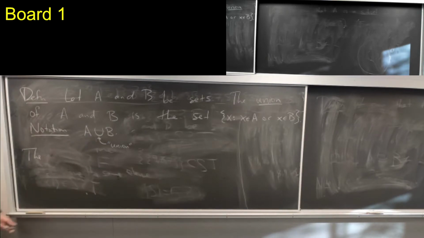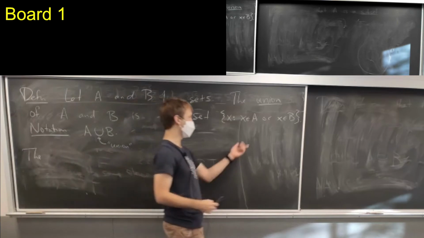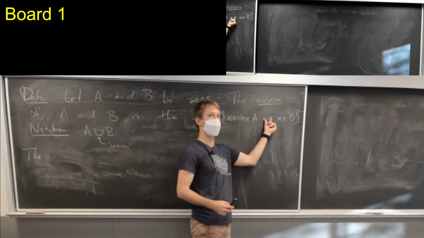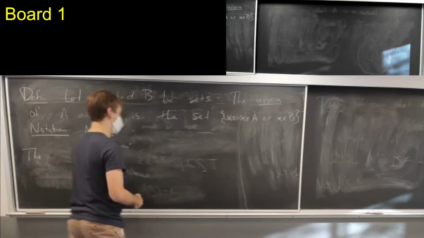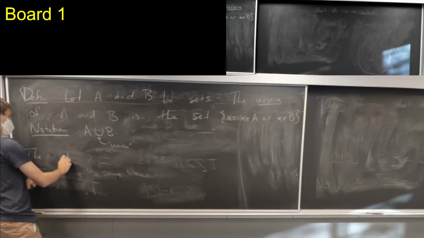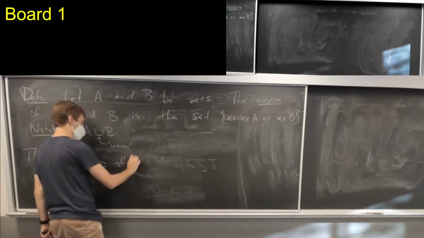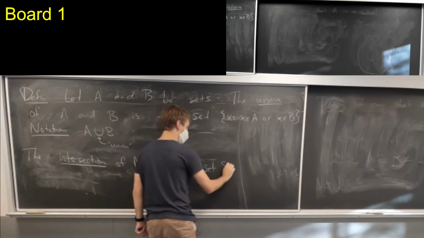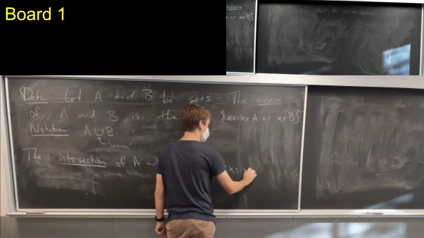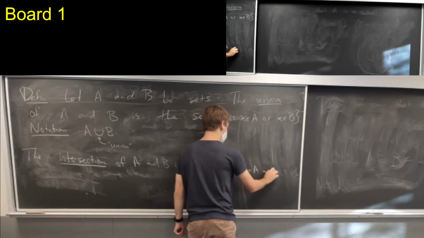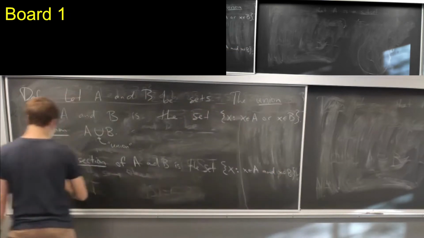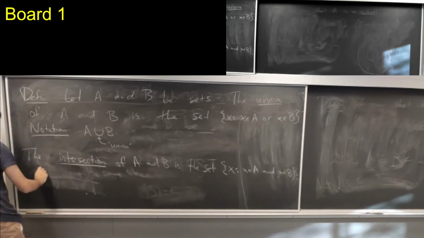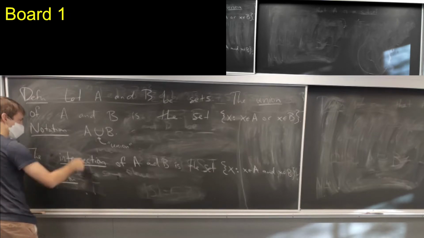And then there's a similar thing where you take this OR and you make it an AND. We call that the intersection. So the intersection of A and B is the set of all x such that x is in A and x is in B. The notation is similar, except it's upside down.